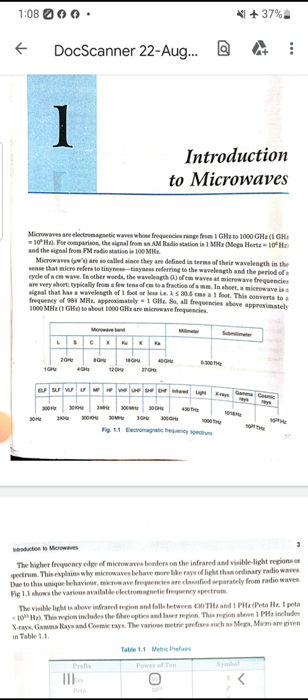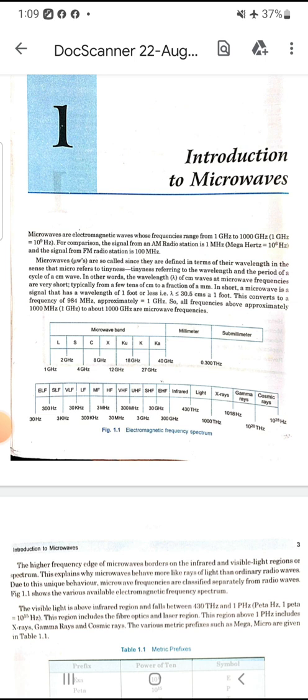After EHF, we observe the infrared band, then the light band, X-ray band, gamma rays band, and cosmic rays band. Infrared frequencies are the frequencies we use in our remote control. Light is nothing but the visible light band, then X-rays, gamma rays, and cosmic rays. So this is all about the electromagnetic spectrum.